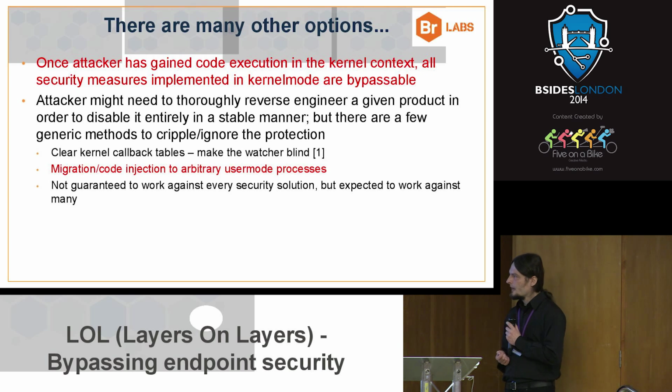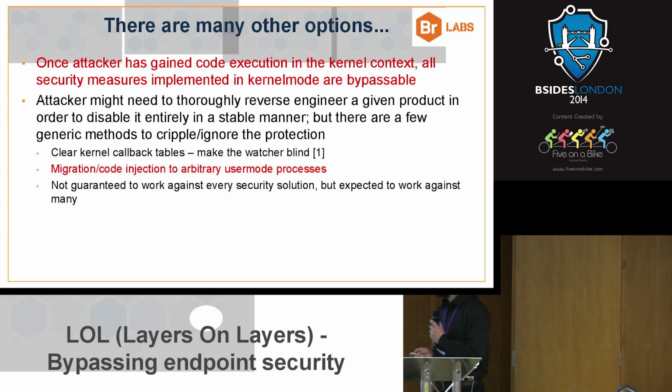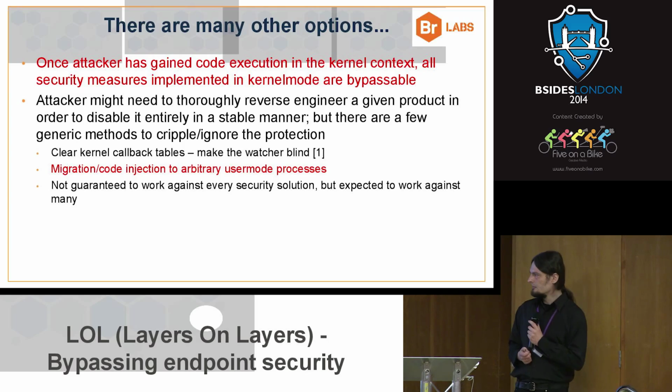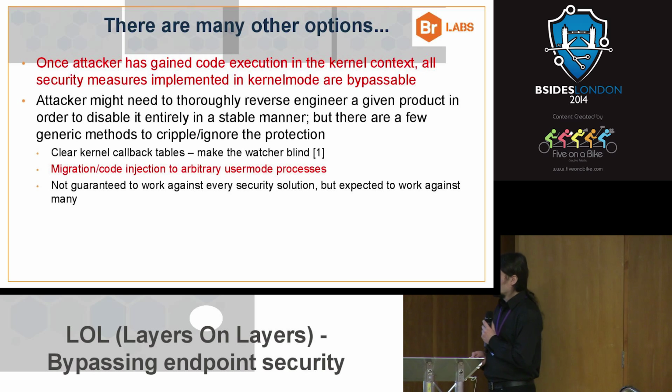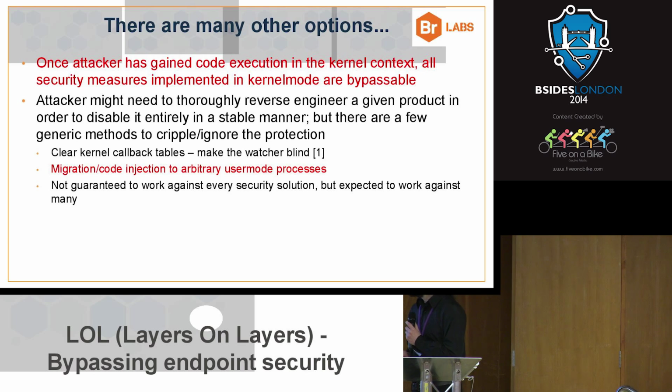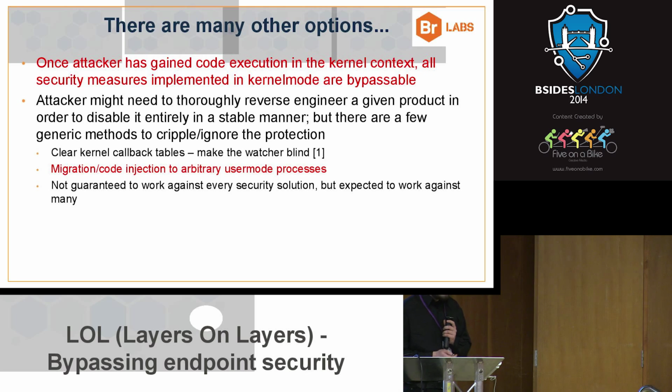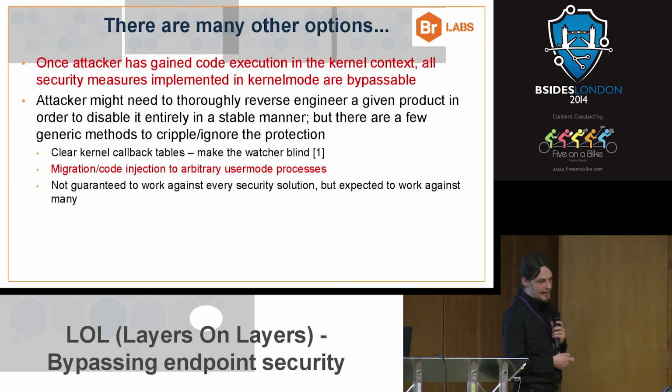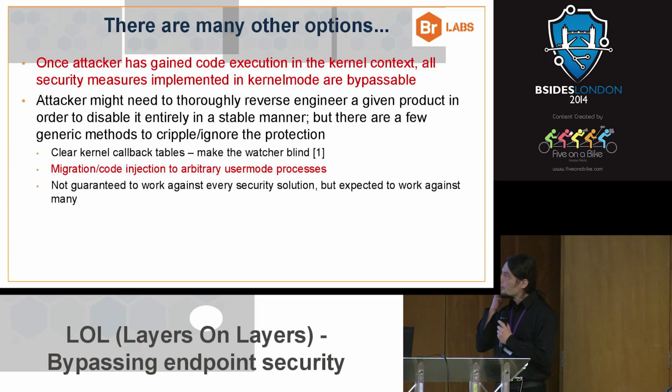We'll see examples. Once again, these are examples of generic approaches, not guaranteed to work every time, but we'll see they work well enough. Generally, theoretically, you can really disable or wipe out any code that resides in the kernel once you have the ability to execute code in the kernel.